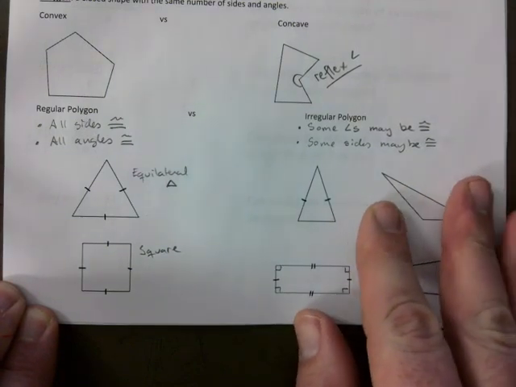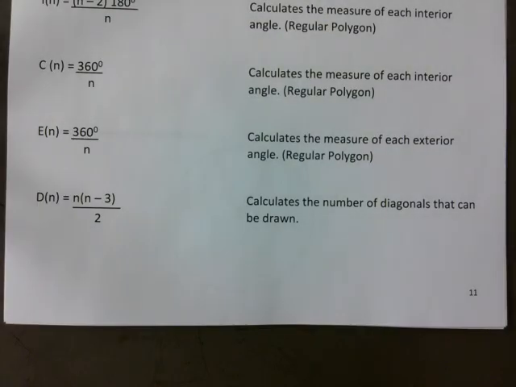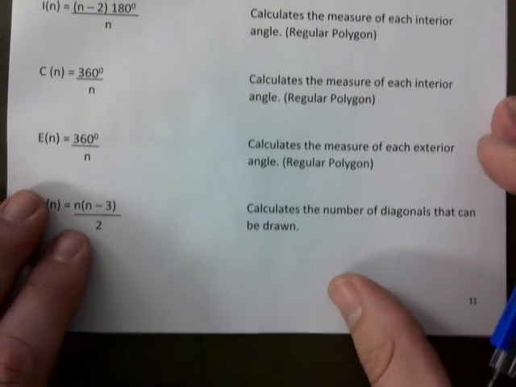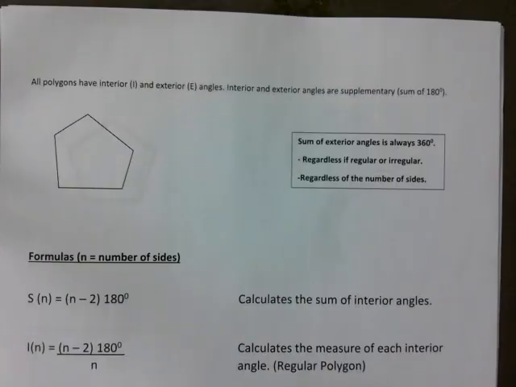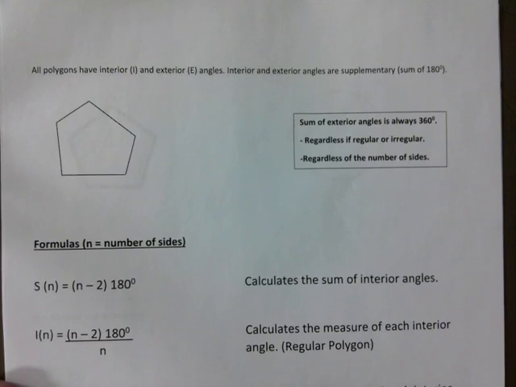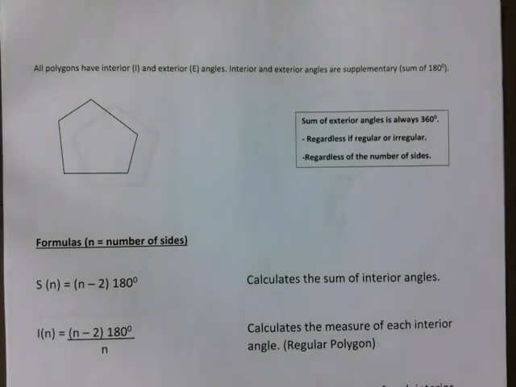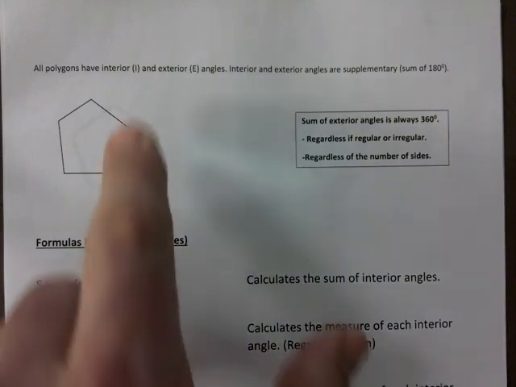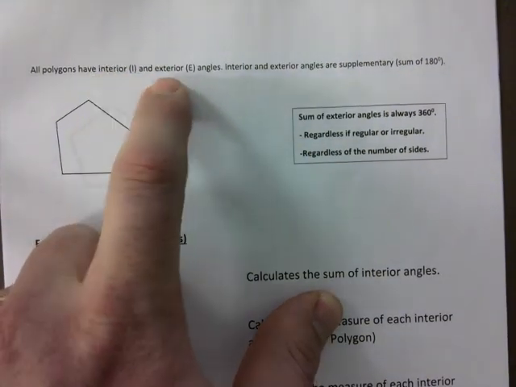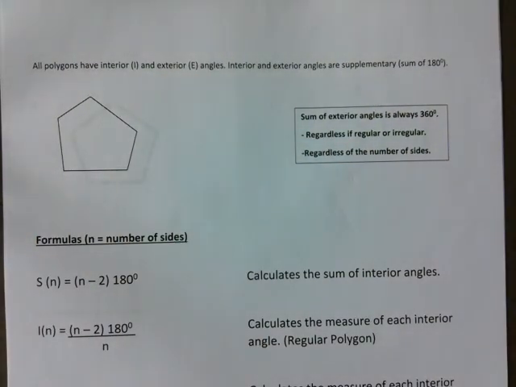Let's keep going. To the top of page 11, all polygons have an interior and an exterior angle, so the I and the E, right? Interior and exterior angles are supplementary.